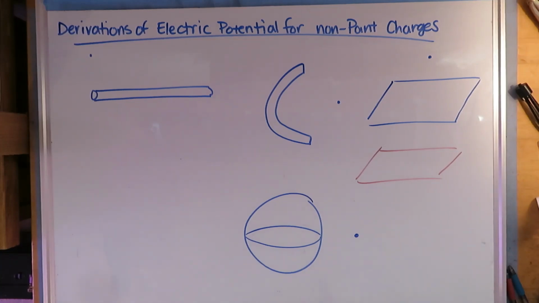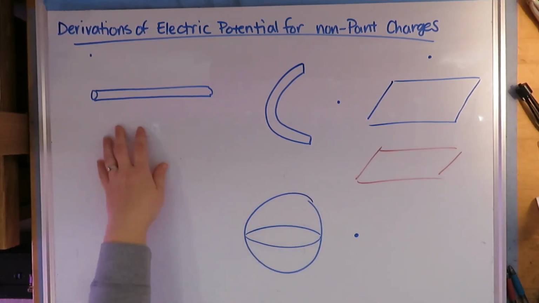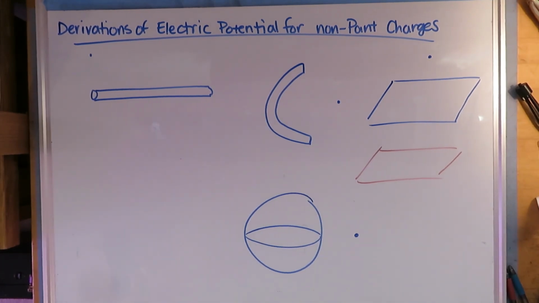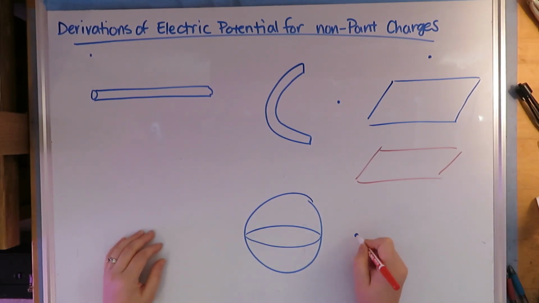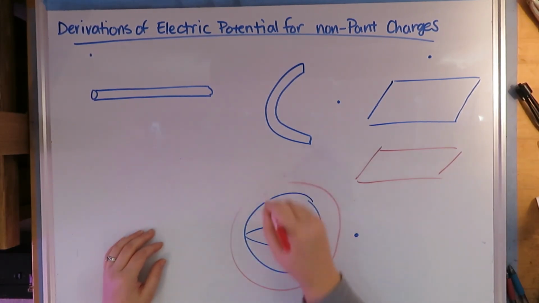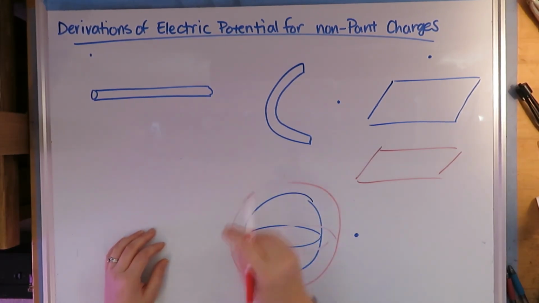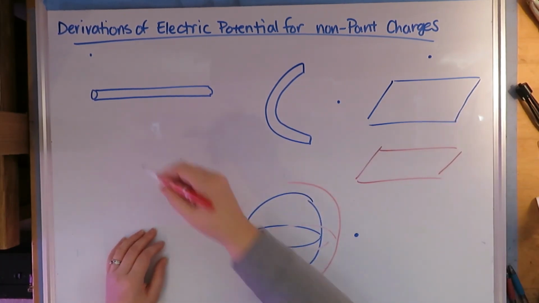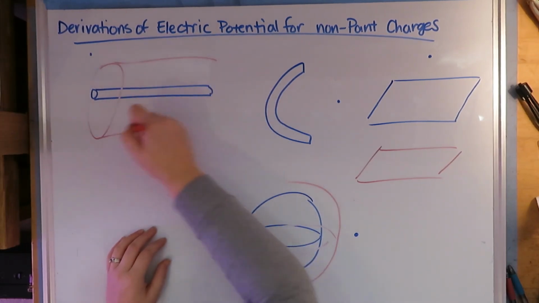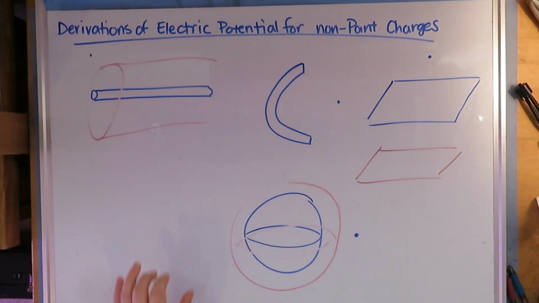The reason that these three shapes in particular are the most important is because we tend to make capacitors by putting spheres inside of spheres, or sheets above sheets. That makes a capacitor, or a cylinder inside a cylinder. So the other half of this unit is electric potential and capacitance.